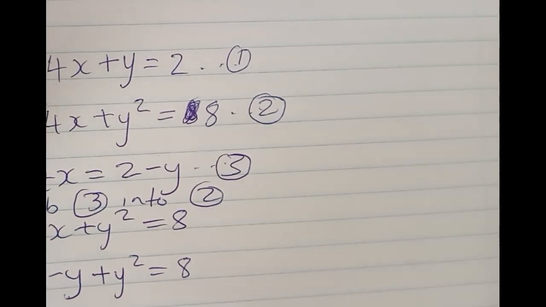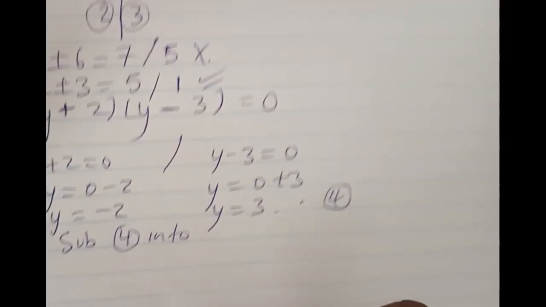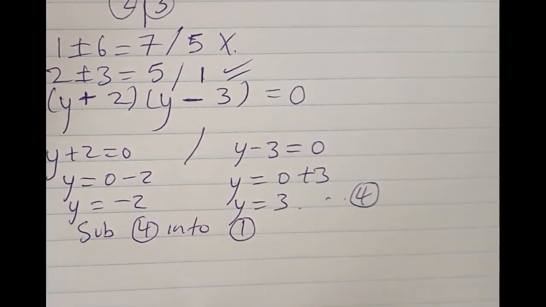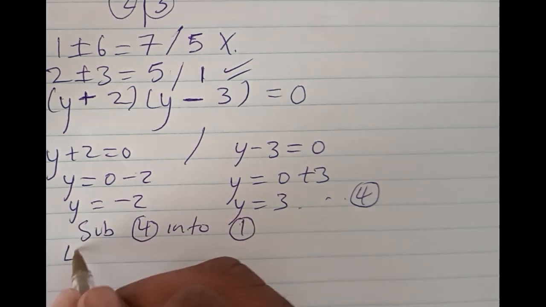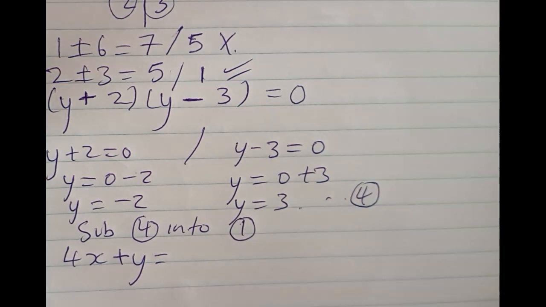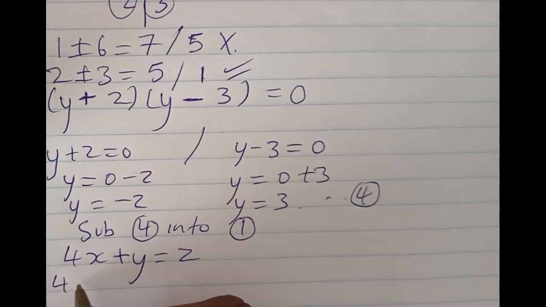My equation 1 is there: 4x plus y is equal to 2. So I'll substitute it into equation number 1. Remember, it's 4x plus y is equal to 2. So where I see y, I will substitute -2.